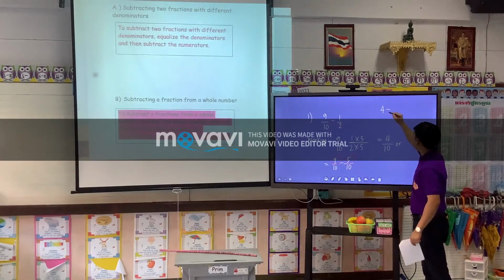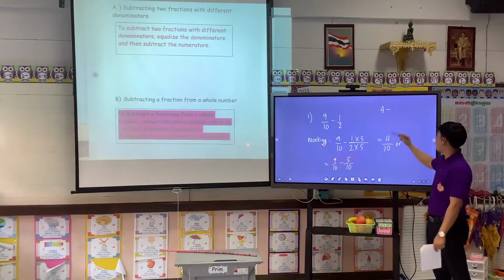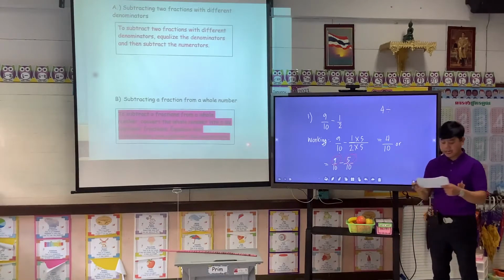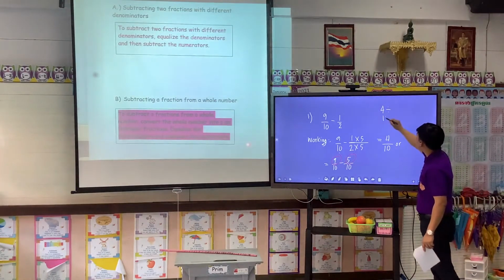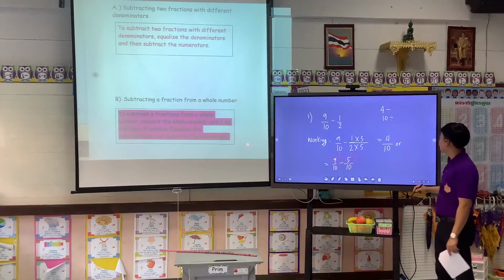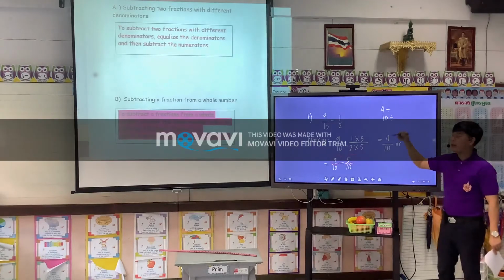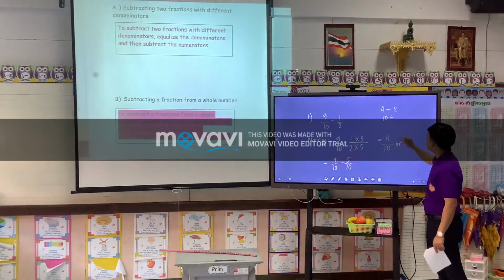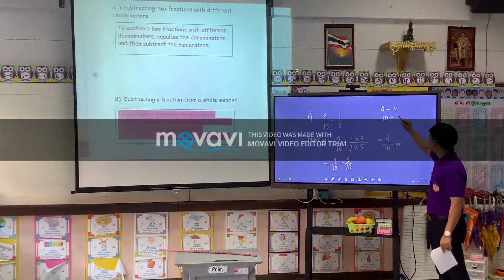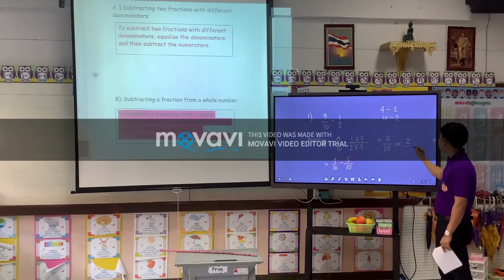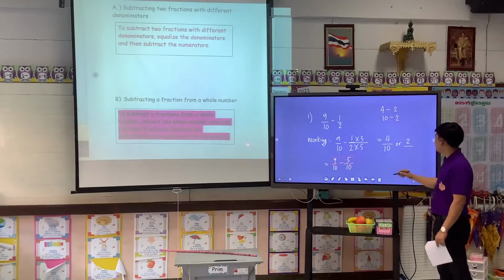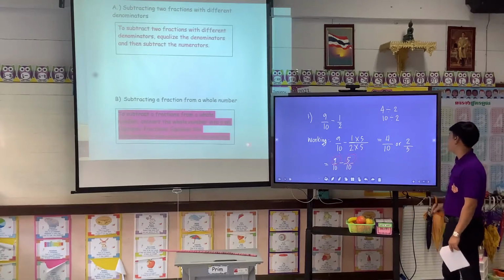What number can 4 and 10 both be divided by? 4 divided by 2, 10 divided by 2. So 4 divided by 2 equals 2, and 10 divided by 2 is 5.